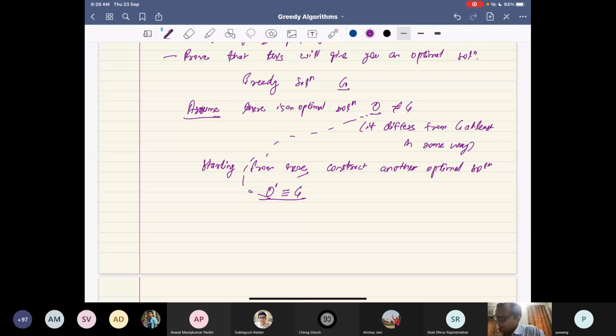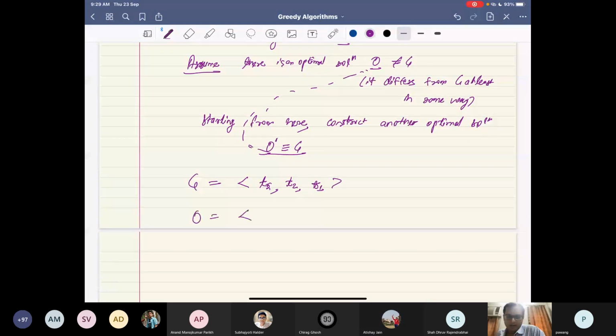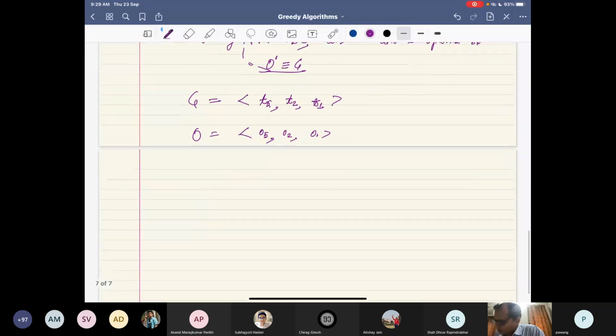In this case, your greedy solution will be like three integers: how many coins you took for 5 rupee, how many for 2 rupee, and how many for 1 rupee. An optimal solution will be something like O5, O2, O1, how many coins you took for 5 rupee, 2 rupee, 1 rupee.